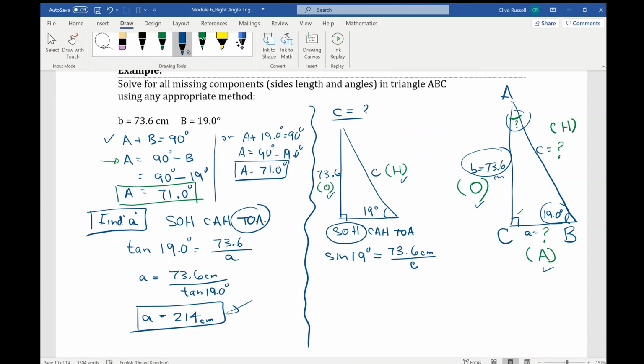And again, manipulating, C is going to be 73.6 centimeters divided by the sine of 19 degrees, and that C will work out to be 226 centimeters. So now we have everything. We have our unknown angle A, we have our side A and our side C. That's all there is to it.